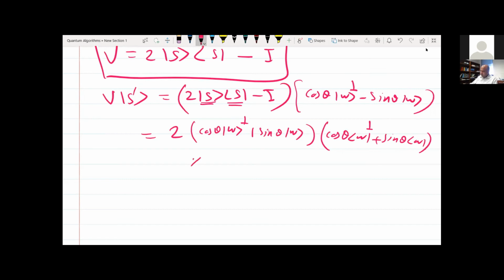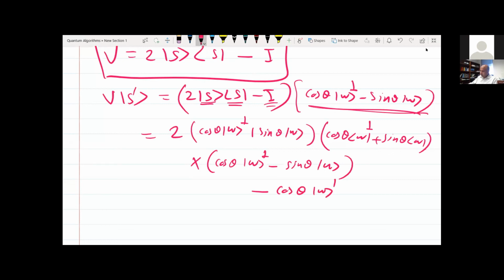This is operating on this part: cos theta omega perpendicular, sine theta omega. And then this is also multiplying with the identity. So I have minus cos theta omega perpendicular plus sine theta omega.